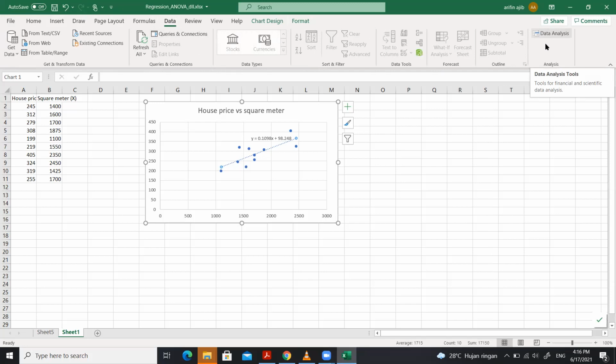You open your Excel, and maybe you realize that you don't have this kind of tool, data analysis. I'm not sure that you already installed this, because in the default Excel there is no data analysis.